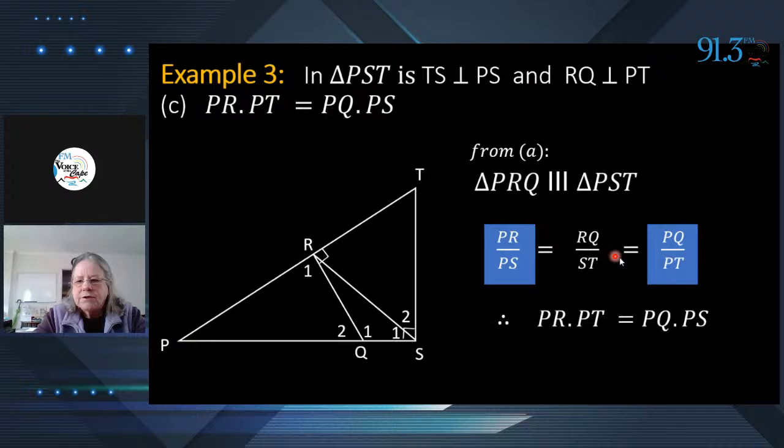We can do cross multiplication. So PR times PT is equal to PQ times PS. So in the B part, we worked with a ratio, and when we work with a multiply, we work with cross multiplication.